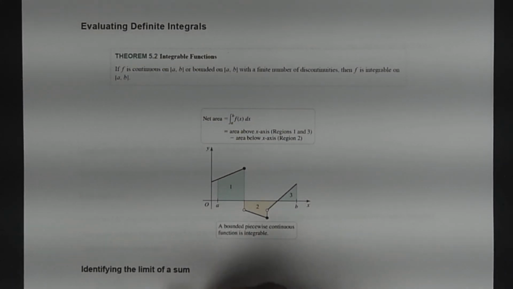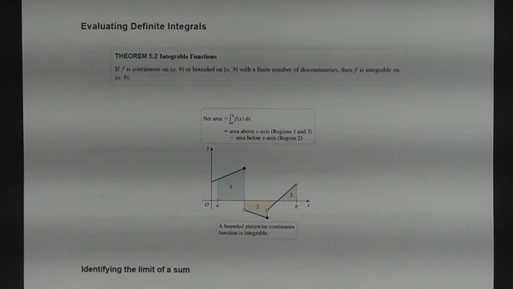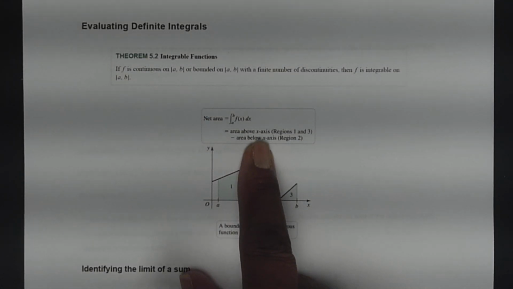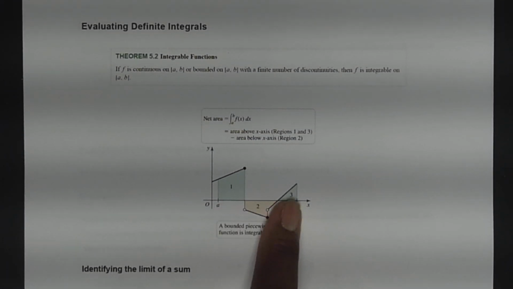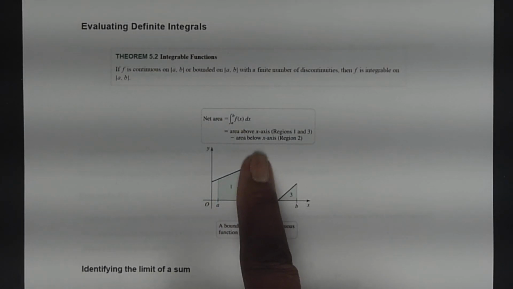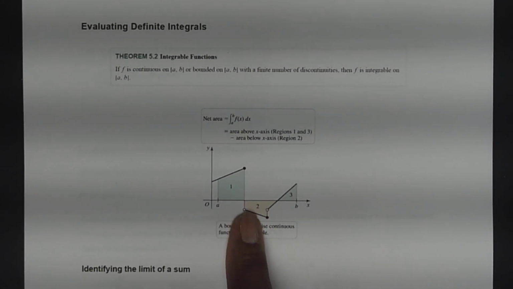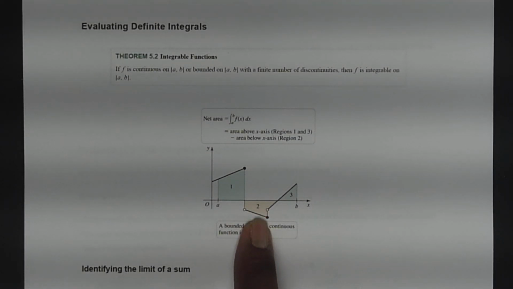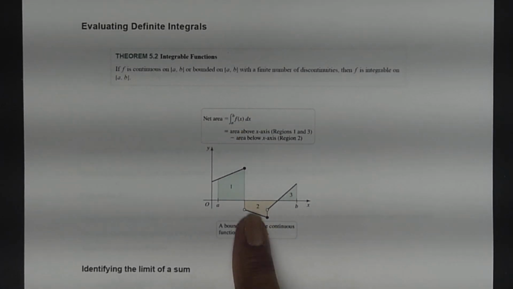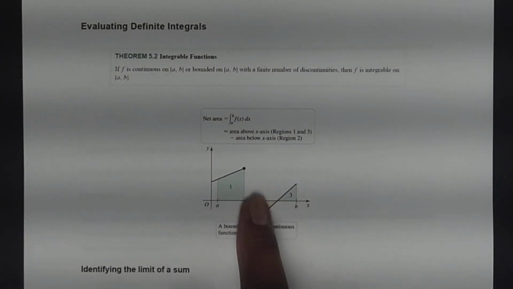And as you can see here, the net area is the integral from a to b of f of x dx. That's going to be the area above the x-axis, and in this case, it's going to be these green regions here, 1 and 3, minus the area below the x-axis. And as you can see here, region 2, that's in orange, is below the x-axis. So we have to subtract that from the sum of those two.